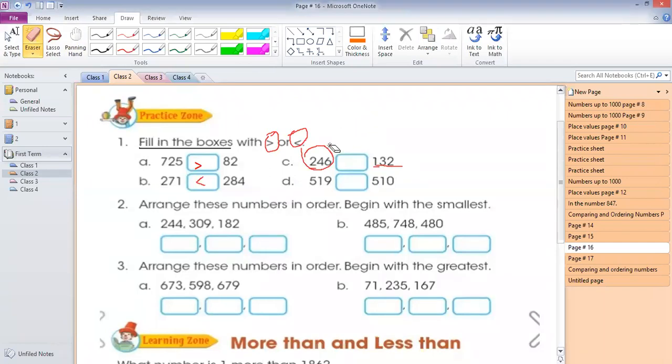First, identify 246 or 132. 246 is bigger. Okay. So which sign should I put here? This one or this one? The first one. You mean that? Yes. Okay. Why this sign? Why not this?